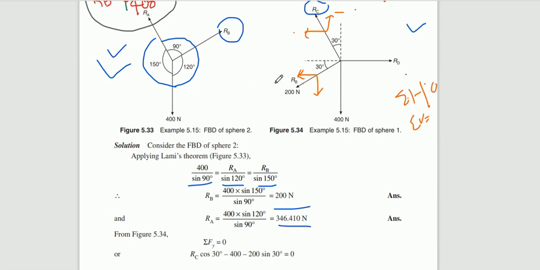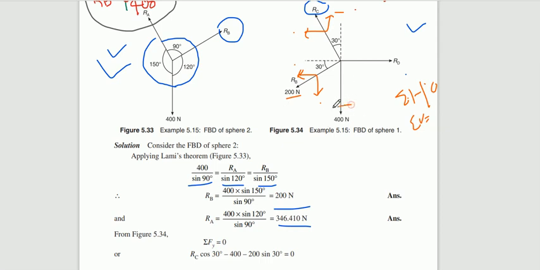Resolution of this force: 200 cos 30 degrees. RB value we have already calculated as 200. 200 cos 30 is the horizontal component, 200 sin 30 is the vertical component. RD is directly horizontal, and 400 is directly vertical.